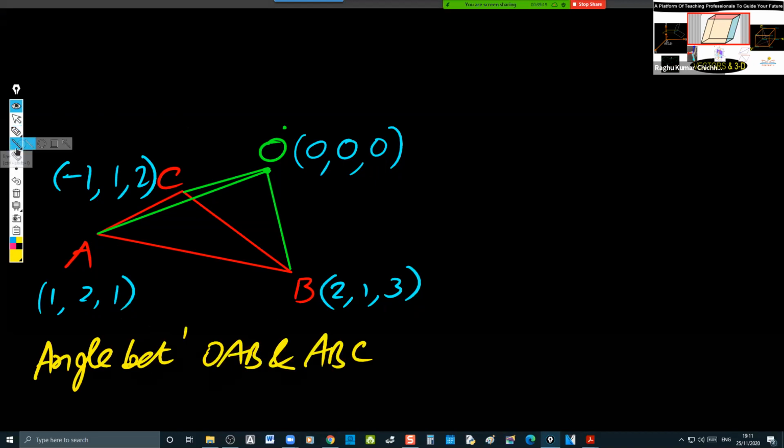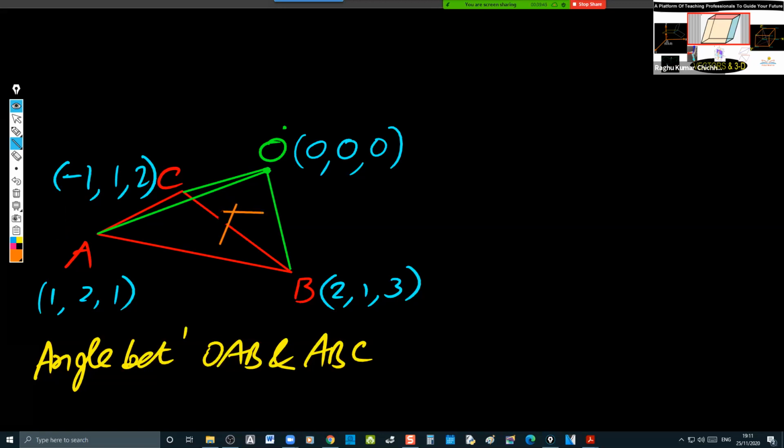If you take the normal to the plane ABC, let me take first. This is the normal, let me say. And the OAB normal is like this. This is the normal to ABC, and this is the normal to AOB.